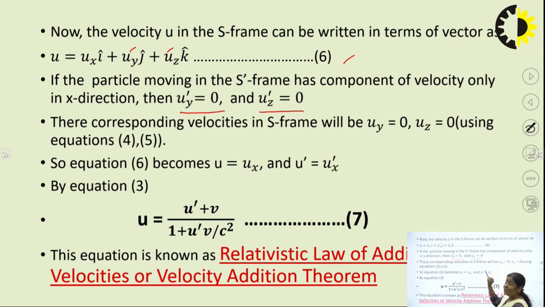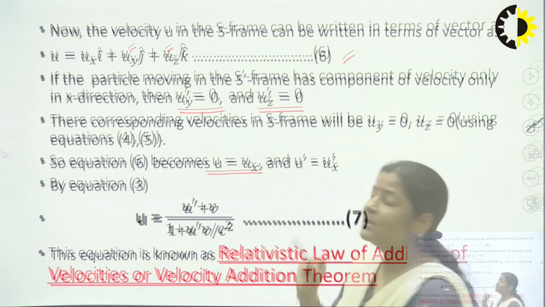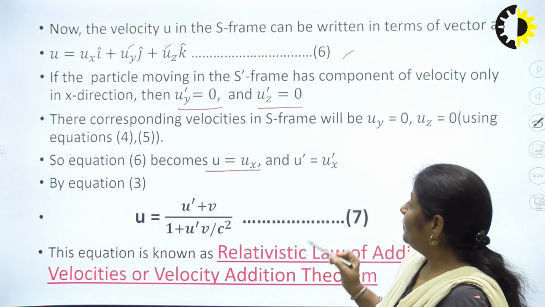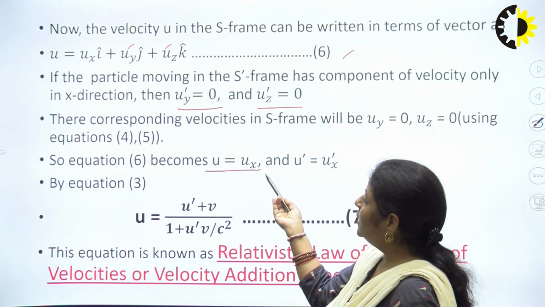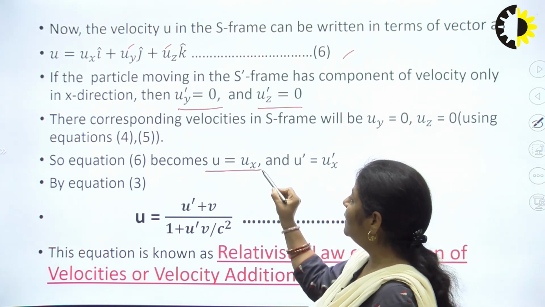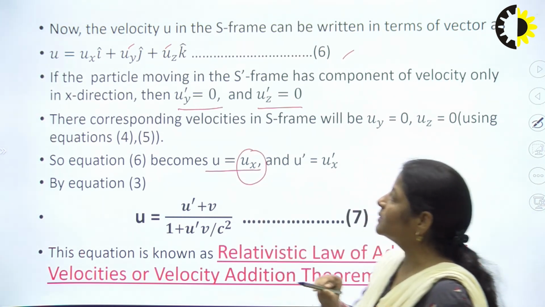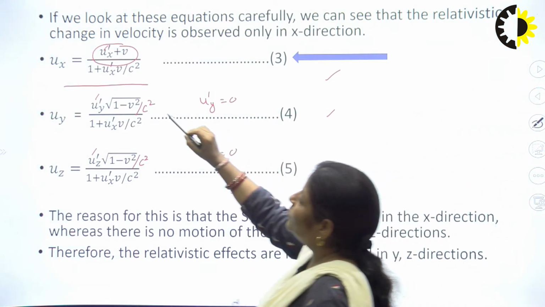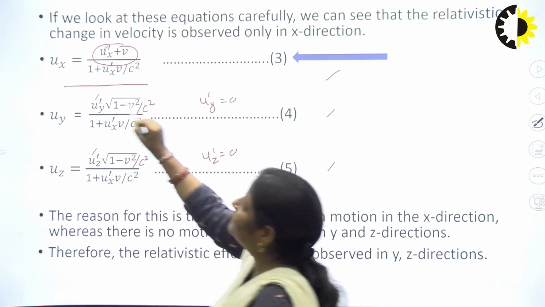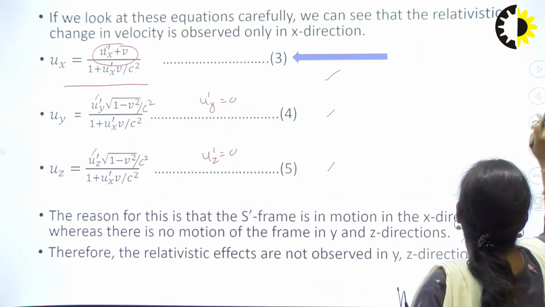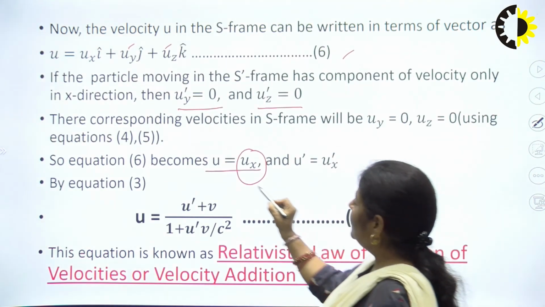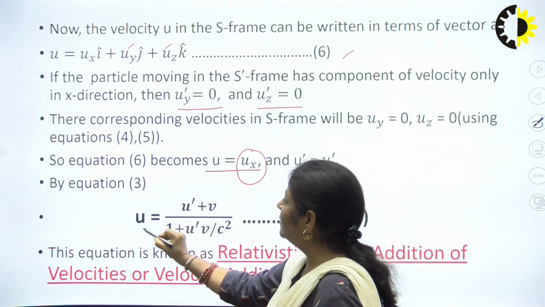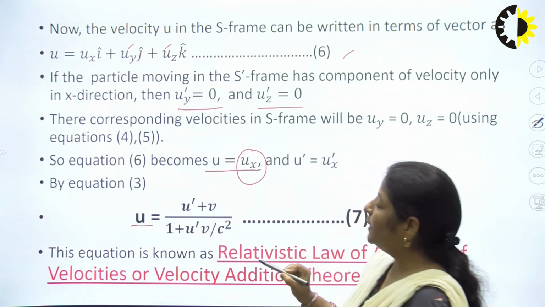Okay, so we substitute for this. So this becomes u equals ux. When we have u equals ux, we can substitute the value of ux. I hope you remember this ux is here, so this becomes the value of u now. So we substitute ux, so this is u in place of ux.